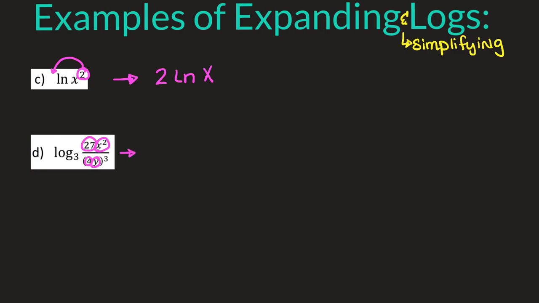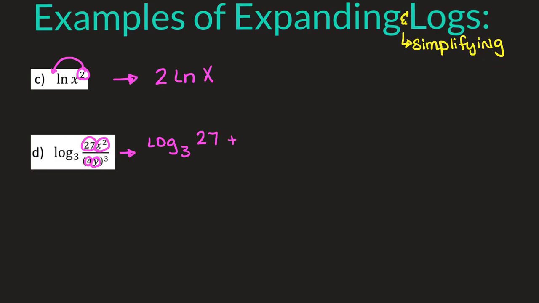So the first thing we're going to do is just kind of break it apart. This is going to take multiple steps to get it all done. So let's just start from left to right. I have a log base 3 of 27. And it's being multiplied to x squared.